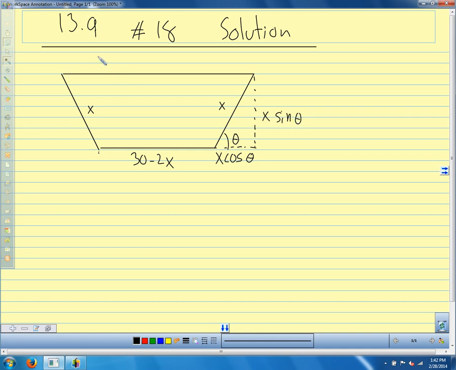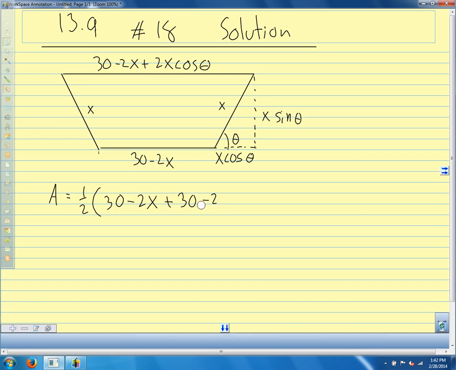So this side is going to be 30 minus 2x plus 2x cosine theta. So I can write the area as 1/2 times 30 minus 2x plus 30 minus 2x plus 2x cosine theta, times the height, x sine theta.